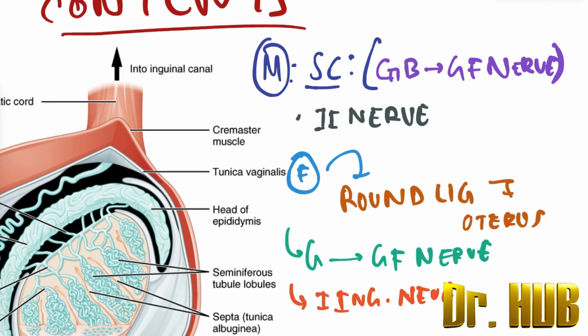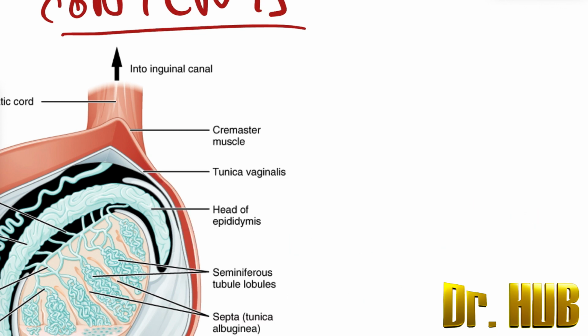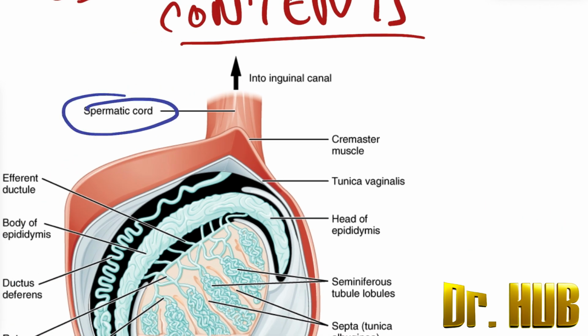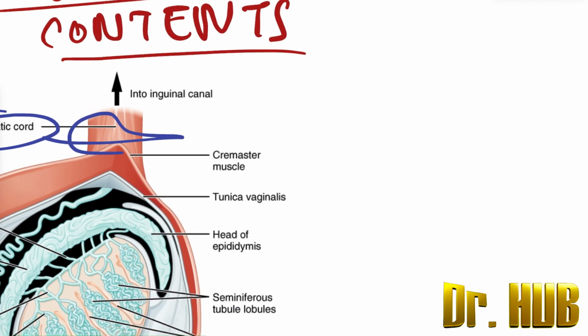Now let's look at the spermatic cord. What are the contents? So here in the spermatic cord, the contents include 3 arteries. What are the arteries?